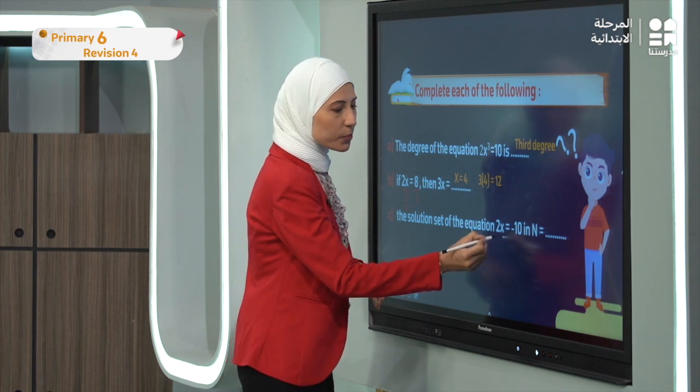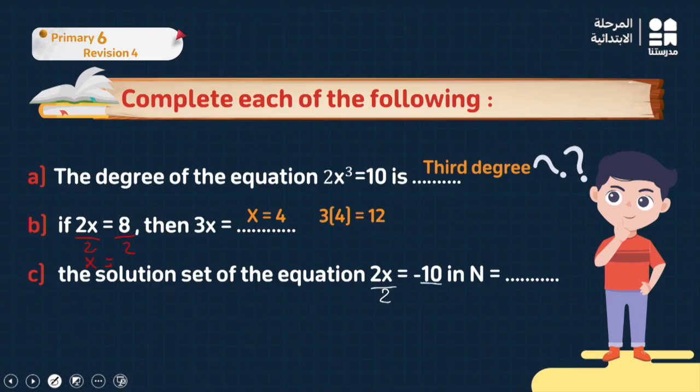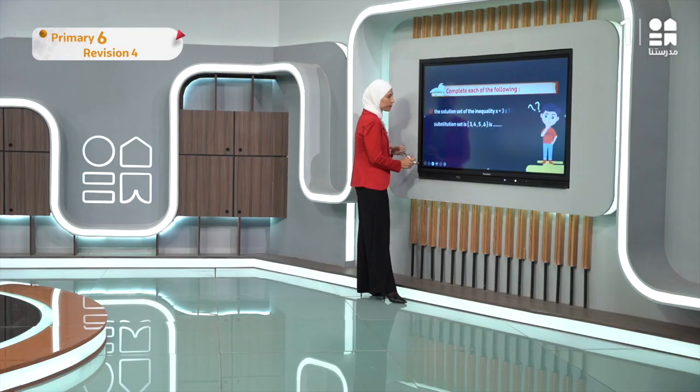It means I divide by 2 on both sides to find the value of x. So x equals negative 5. Do I have negative 5 in the natural set? Of course not. The natural set has 0 and positive integers only. So the solution set in N will be empty, because I cannot find negative 5 in the natural set.